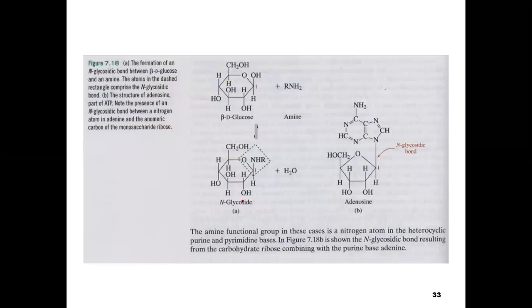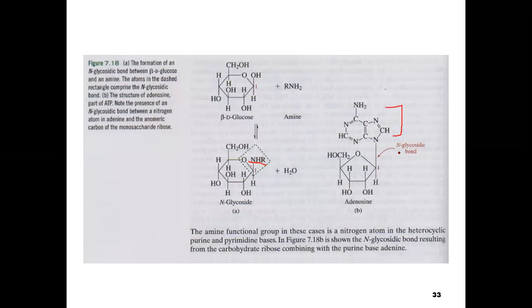Similarly, in the N-glycosidic linkage, say for example, this is the amine, and the amine is reacting with the glucose. Because of this reaction, the amine will attach at the position of the hydroxyl group. For example, this is an NHR replacing the hydroxyl group. Similarly, this is a nitrogenous base compound.